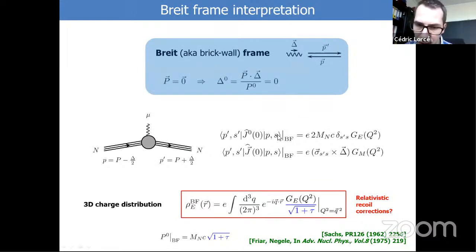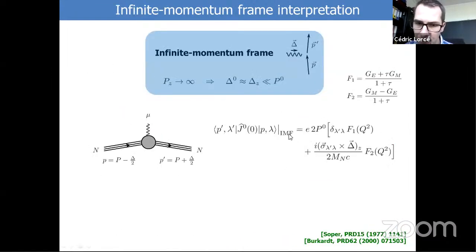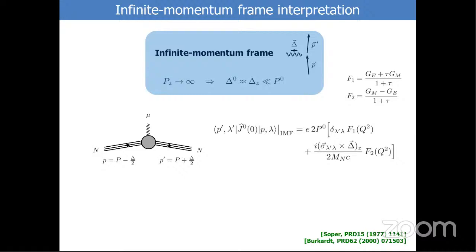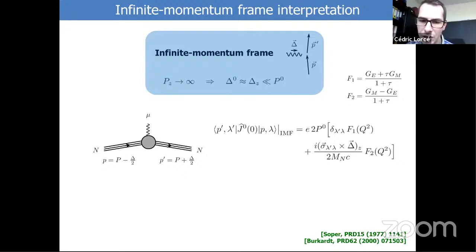In the Breit frame, I will call the polarization S. In another frame, I will call it lambda. I will explain how those are connected. It's a very good point. Both are spin projections of the proton along a certain direction, and you define them in a certain frame. But I will explain this a little bit later.